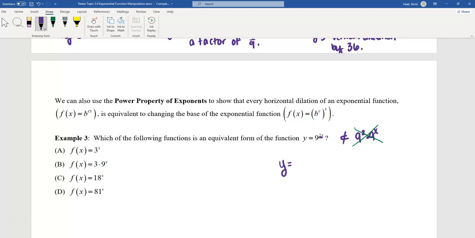We can write it as 9 to the second to the x power, or you could do 9 to the x to the second power. However, this one is going to be more useful here. And what is 9 to the second? 81 to the x power. So that is going to have a different base, right?